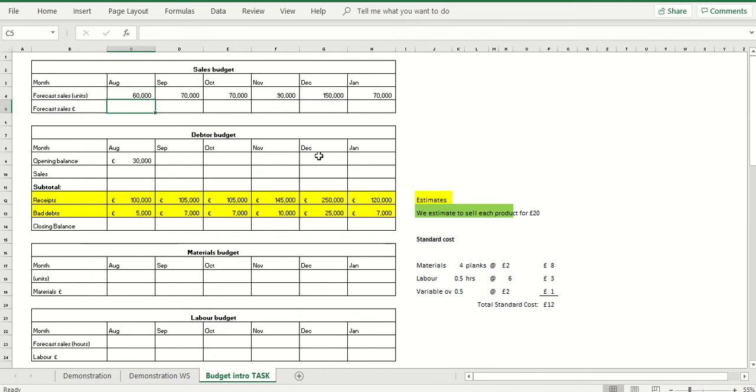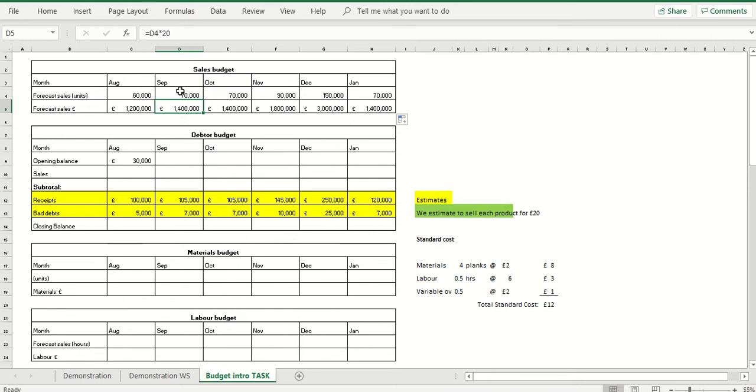So the total income or revenue we expect is equal to the 60,000 units we expect to sell times £20. That's what we estimate we're going to sell each one for. And so we get an income of 1.2 million. Because we've already done this formula, we can simply drag it, and that's going to give us the same. So this is equal to 20 times the 7,000 units we expect to create.